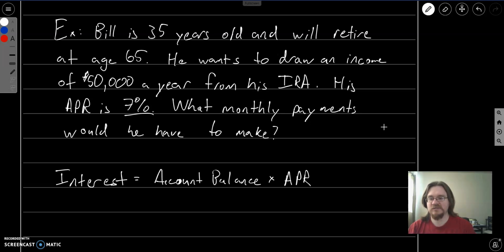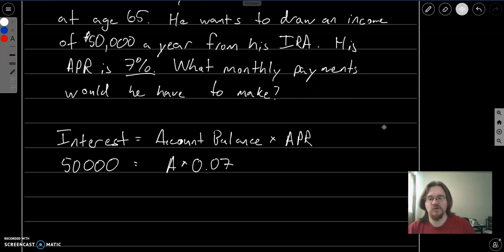He wants to earn $50,000 in interest every year, and that's going to be his account balance, which I'll just call A, times the APR, which is 7%, but 7% as a number is 0.07. So in order to solve for A here, I'll divide both sides by 0.07. I'm using multiplication, so to undo that, I use division.